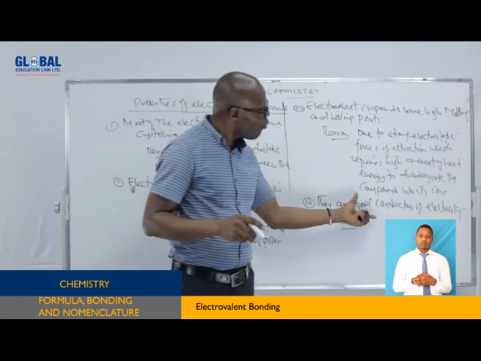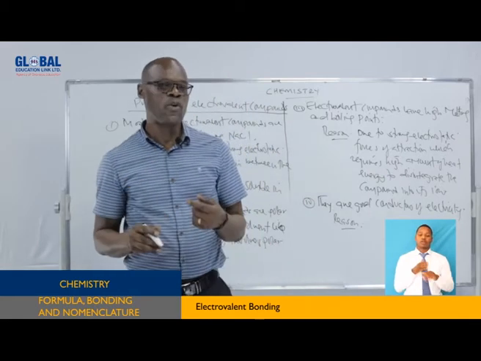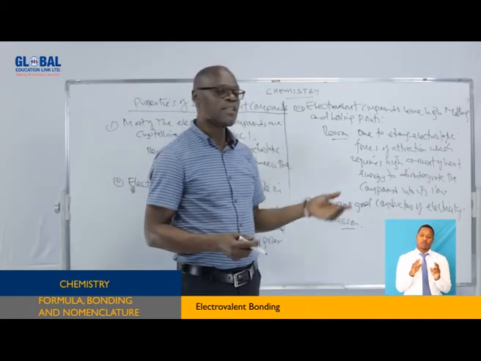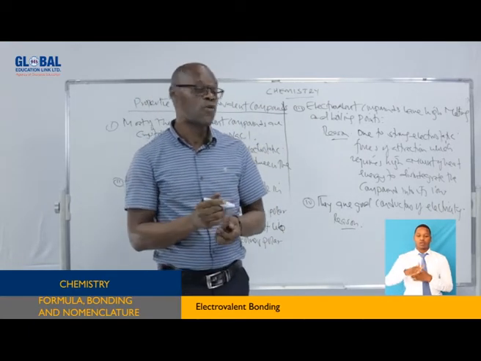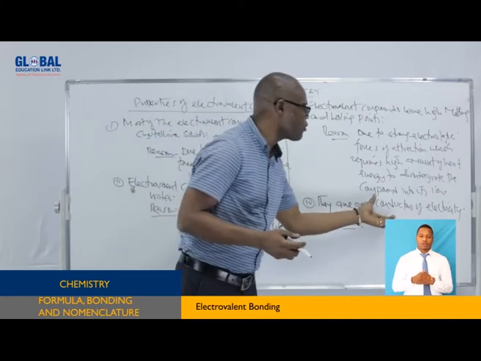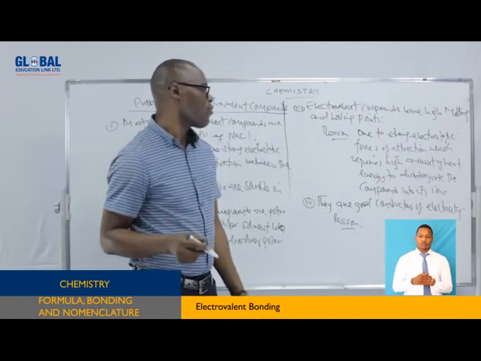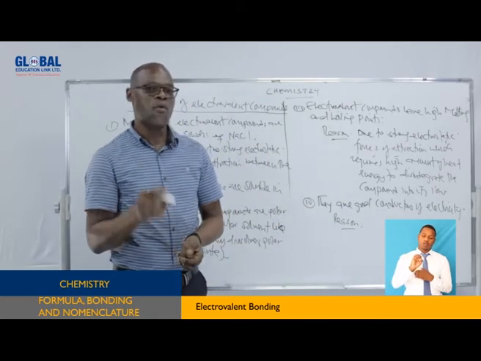But when the compound is disintegrated into its ions, then it can conduct electricity. How do we do it? Maybe by dissolving the substance in water, it will form ions, or by melting the substance, it also forms ions that can conduct electricity. So ionic compounds conduct electricity because of the presence of ions when it is in molten state or in aqueous solution.